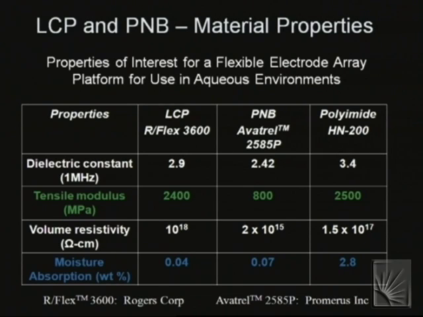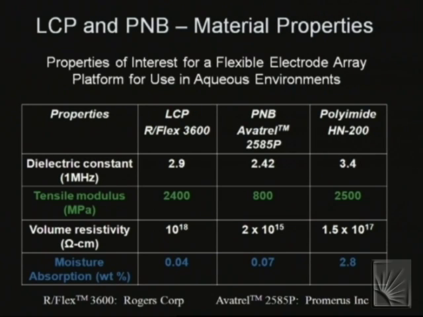Liquid crystal polymer provides a decent slate of dielectric constant, mechanical properties, resistivity, and most importantly, moisture absorption. Polynorbornene, a commercially available polymer developed by a company in Brecksville, is a close second. Polyimide is actually a whole family of polyimides.